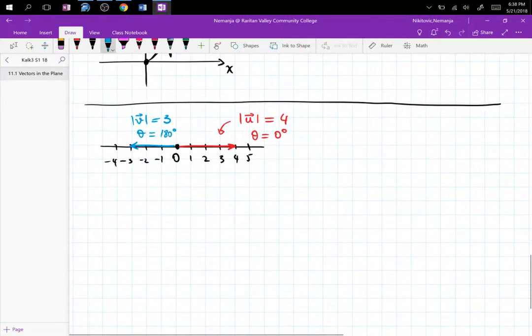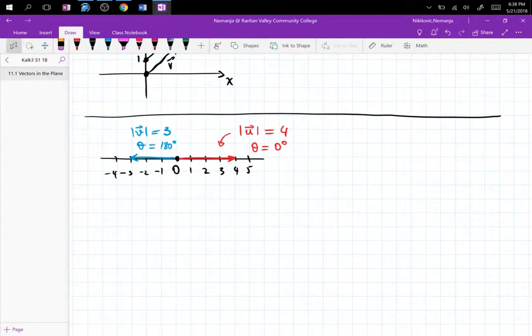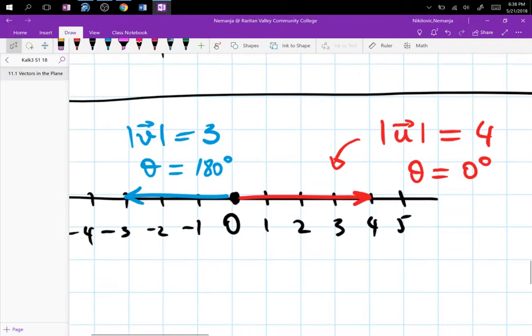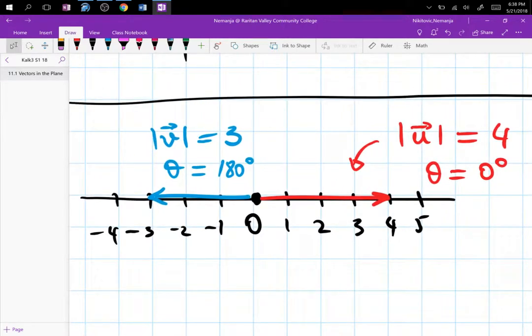So you see that I can represent all of the numbers. If you're having issues seeing that, there you go. So I can represent the numbers on the one-dimensional line with vectors easily.